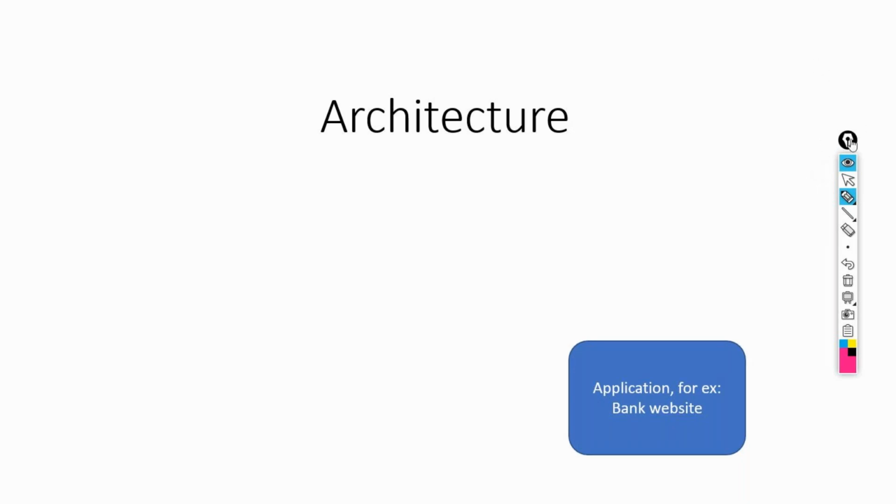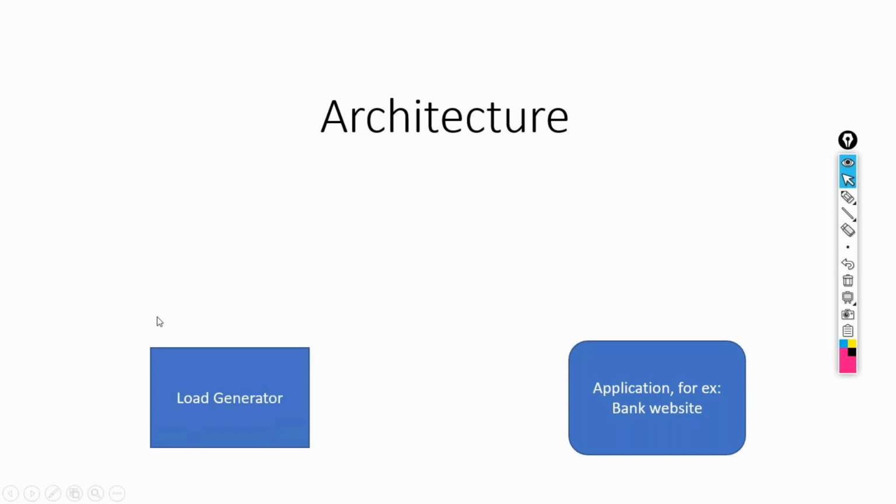So that's the reason there is a component in the LoadRunner architecture which is called the load generator. This component is purely responsible for generating the virtual users. These virtual users mimic the same human behavior.